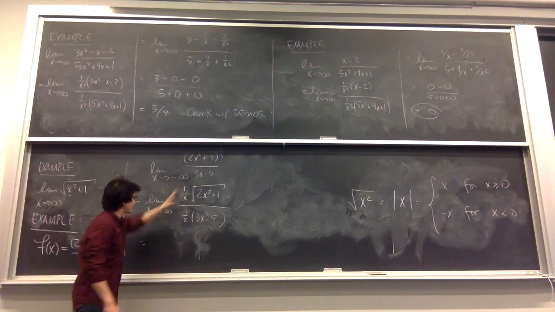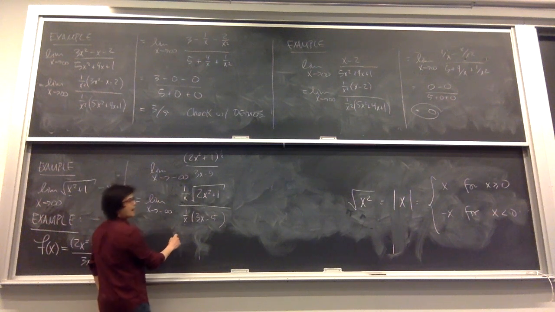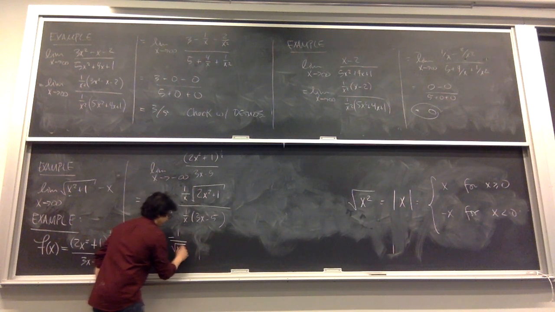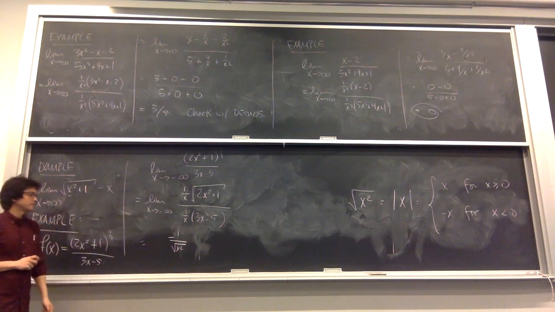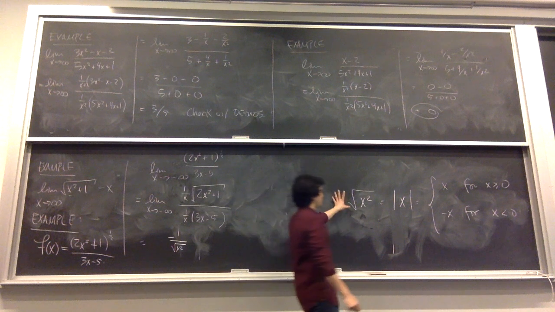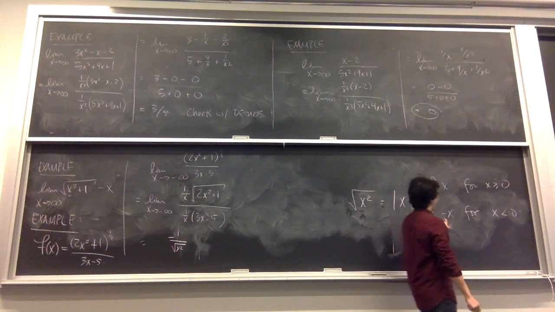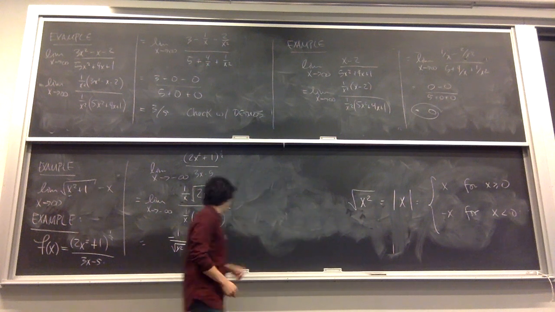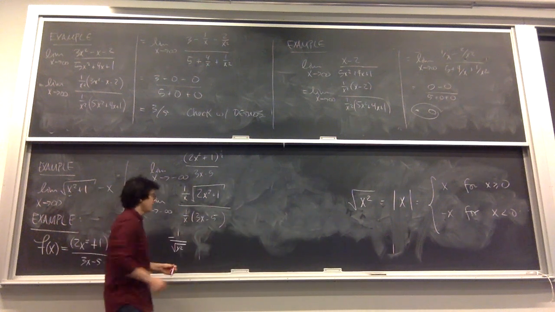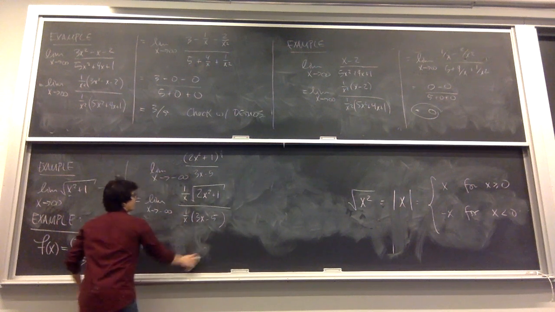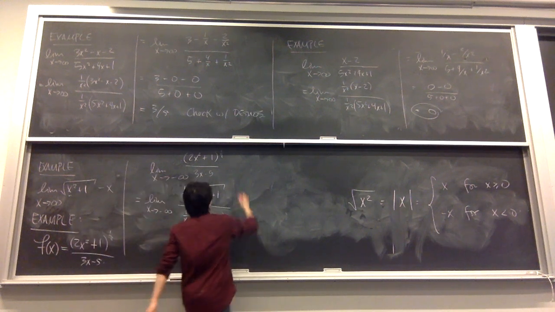So 1 over x has to get replaced with minus 1 over the square root of x squared, because the square root of x squared is equal to minus x for x less than 0. We are in the x less than 0 range. That was a lot more difficult than it was supposed to be.